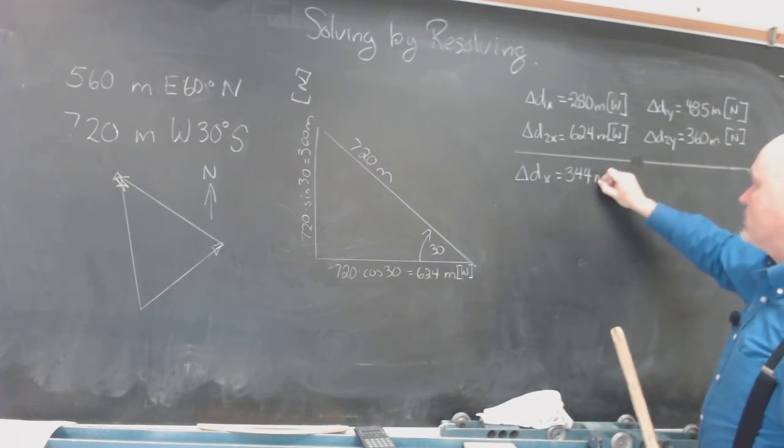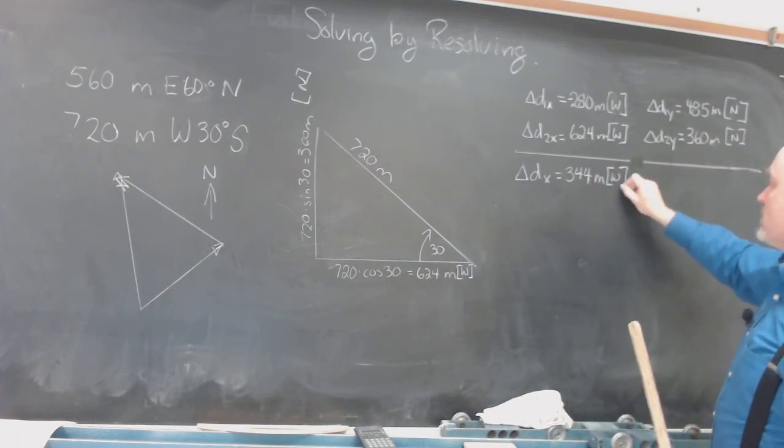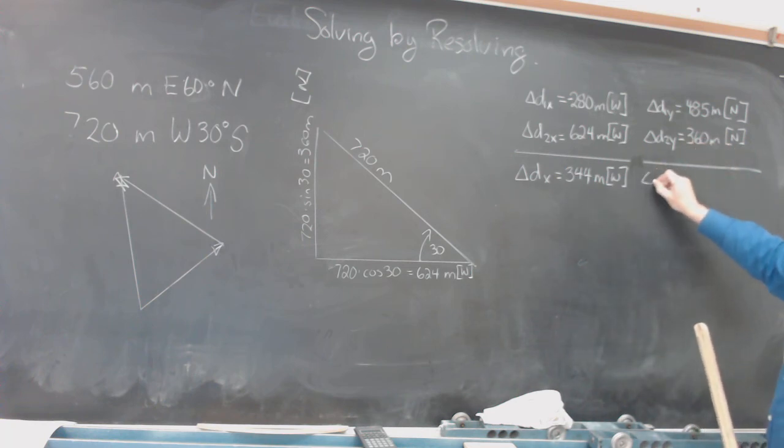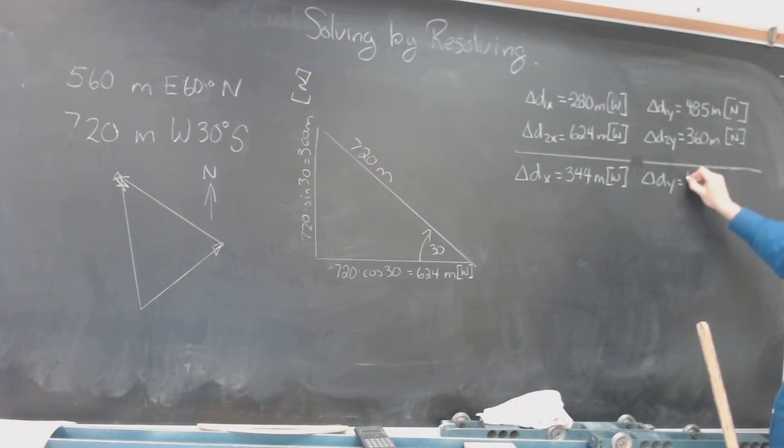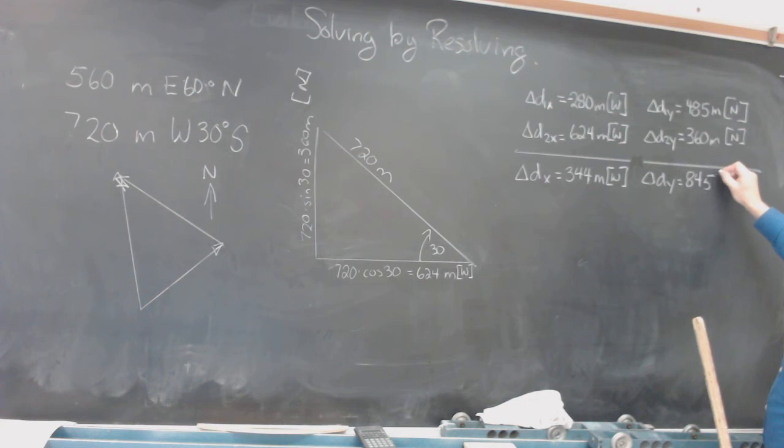Yeah, I think so. Meters to the west. Delta dy is going to be 845 meters to the north.